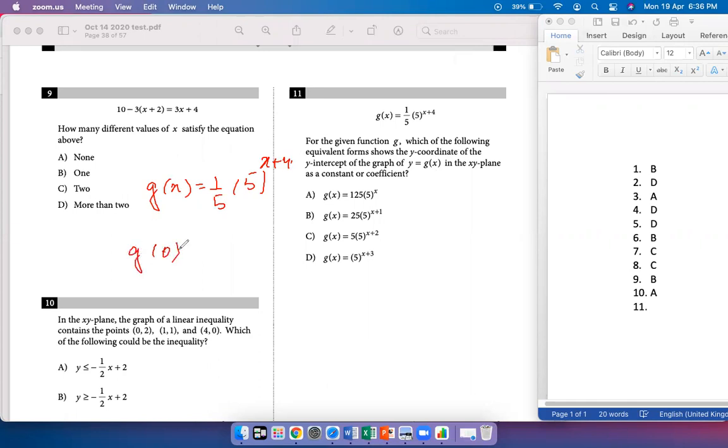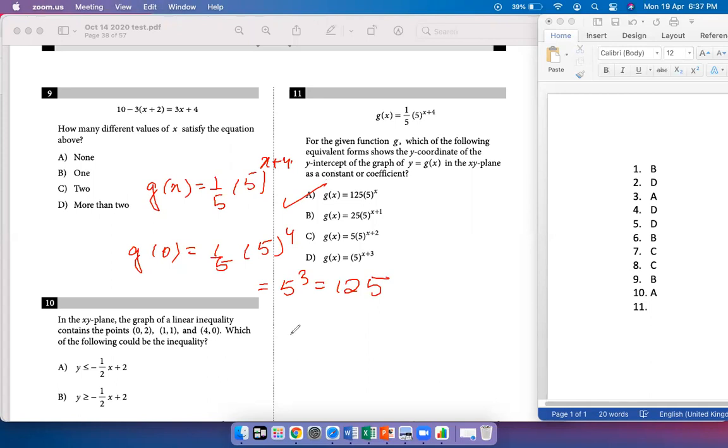So g(0) is 1/5 times 5 to the power 4, which is 5 cubed, which is 125, right? 125. So I need to choose an option that shows 125 as a constant, and that's option A.